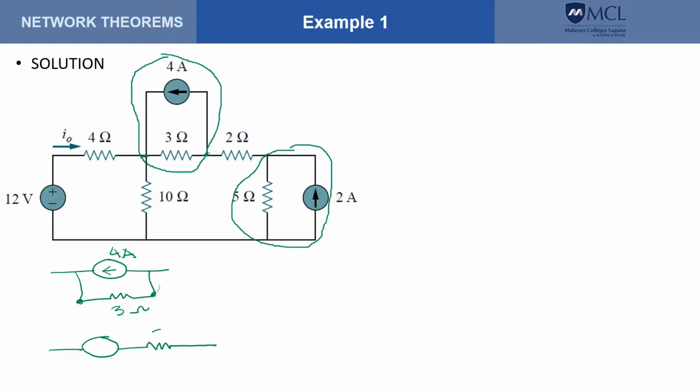The resistance here is copied from the original configuration. Now, where is the plus sign of the voltage source? Since this current of 4 amperes is directed to this point, that means the plus sign should be here. So this is the minus sign, and the magnitude will be 4 times 3, which gives us 12 volts. Okay, so this is the converted portion.